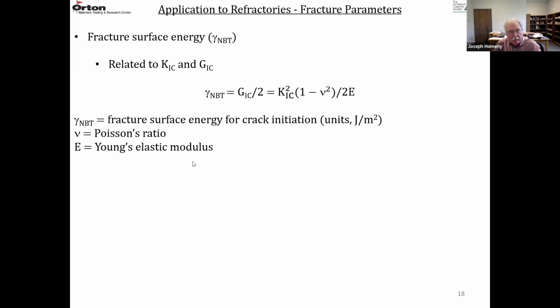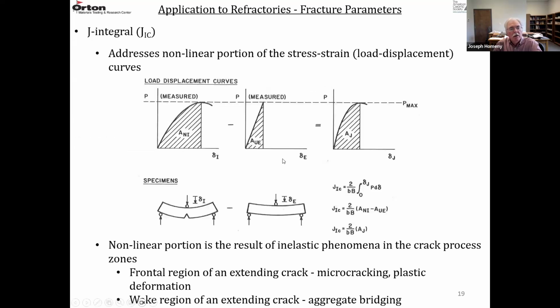So this gamma MBT is actually what's commonly measured and used when people are making these types of measurements to improve their thermal shock resistance. I like this measurement. I've used it.